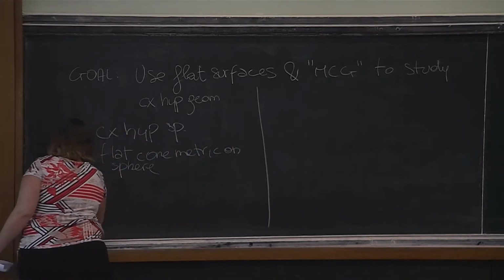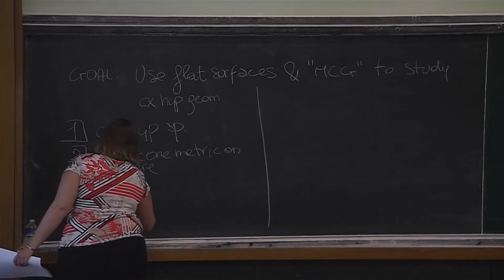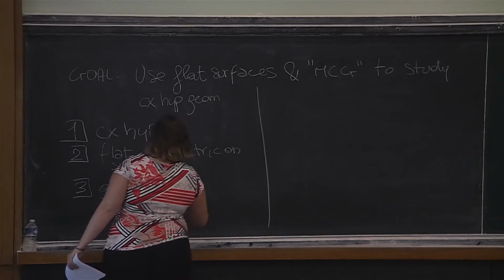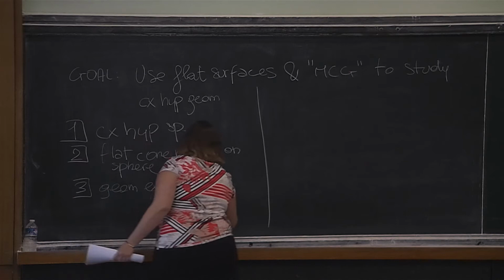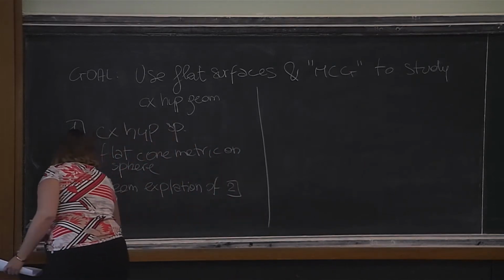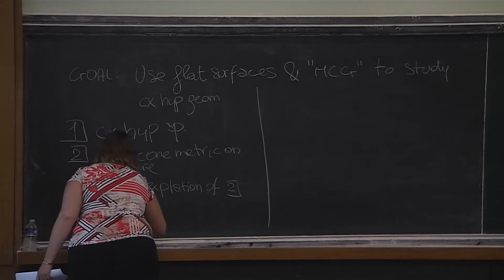And then I want to give you a geometric explanation of how those cone matrices are related to complex hyperbolic space. And finally, I will be talking about the actual result.